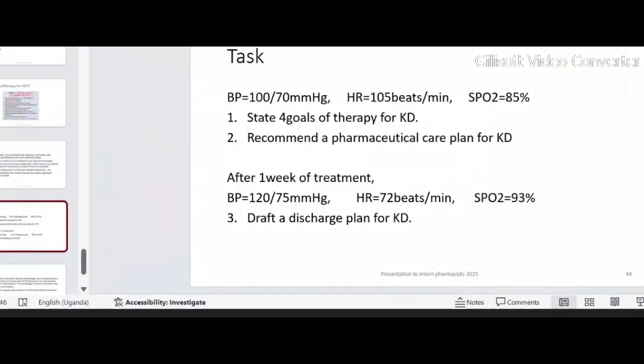Our monitoring parameters there will be the BP, the kidney function, and electrolytes. The target would be to increase maybe every 1 to 2 weeks for the patient to achieve 200.